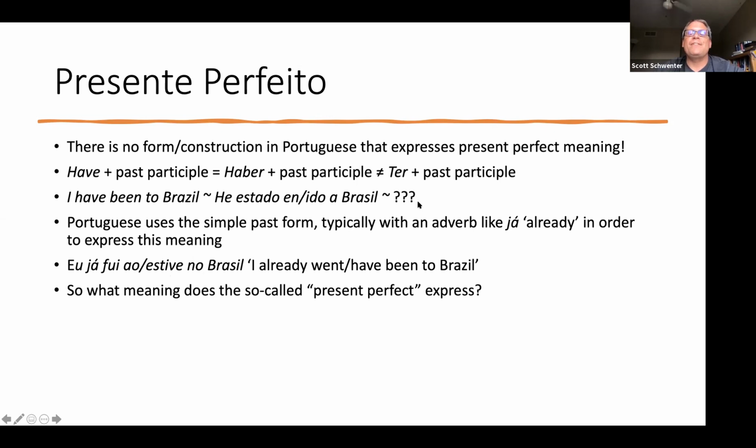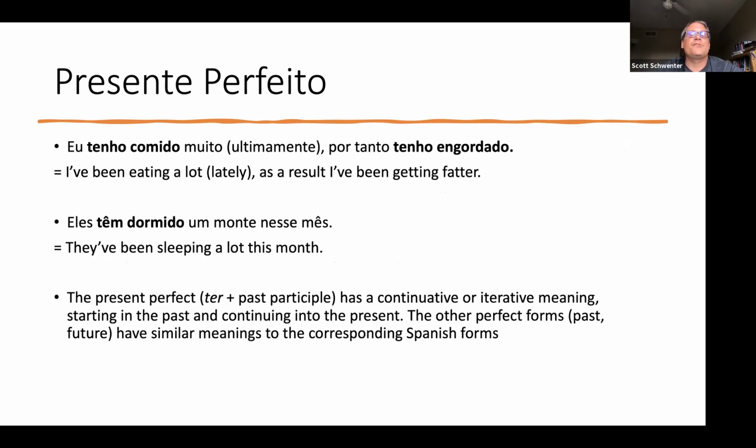So what does this ter plus past participle thing mean, right? And this is hard for students to understand. If you say something like, eu tenho comido muito, that means I've been eating a lot lately, okay? Portanto, tenho engordado.